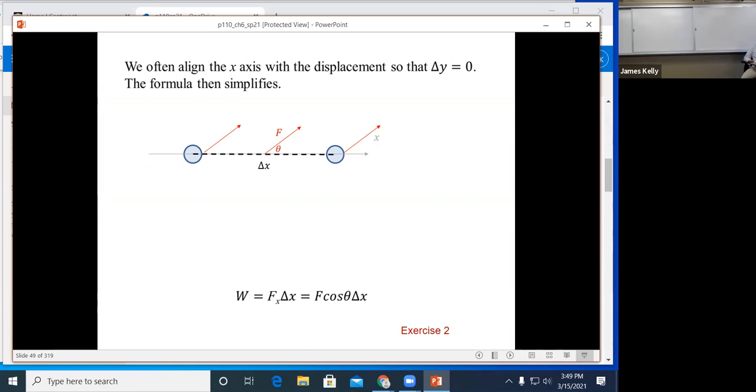Just so you know, if you want to check your work, I get 117.5 joules for A.